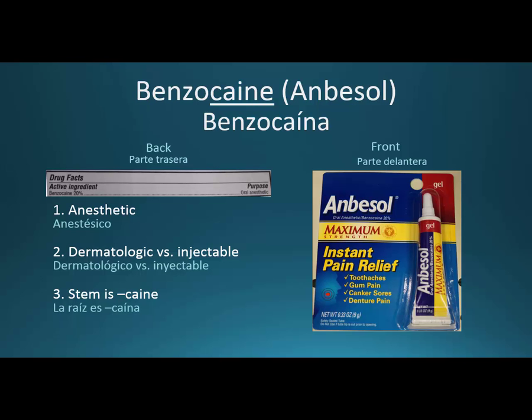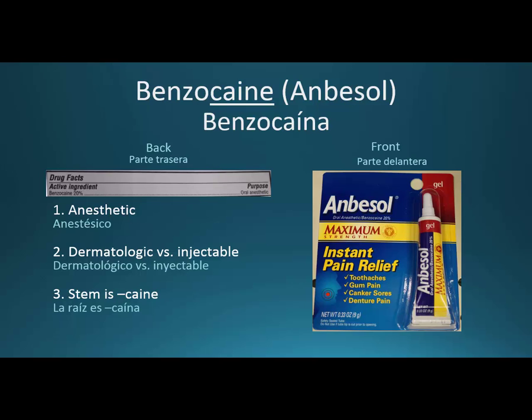Benzocaine is Ambisol, so benzocaína. It's an anesthetic, anestésico. Dermatologic versus injectable. Dermatológico y inyectable.